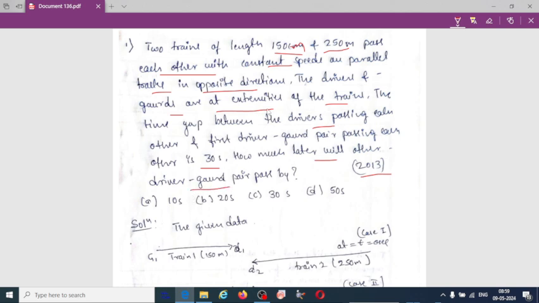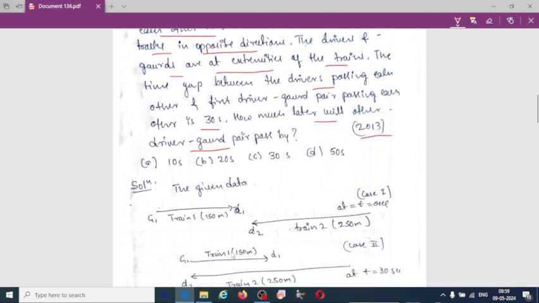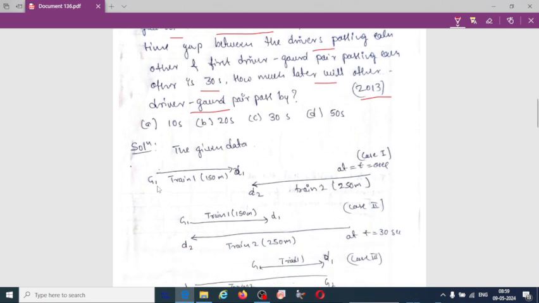So there are two trains. In each train, one driver and one guard will be there at the extreme ends, and we need to see how they are going to coincide. So there are two situations. In the first case, train 1 has the 150-meter length and train 2 has the 250-meter length, with the driver and guard at each extreme end.